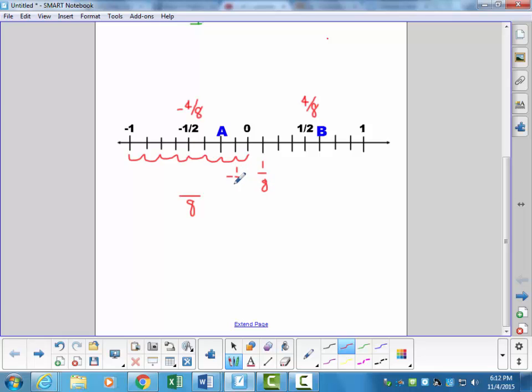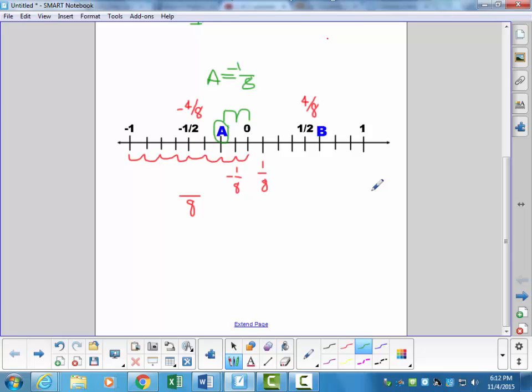So on this side, we would have -1/8, and on the other side, we would have +1/8. Again, opposites. All right, so let's figure out what A is. So we're going to go 1, 2. So we got 2/8, and since we're on the left side of the 0, A equals -2/8.